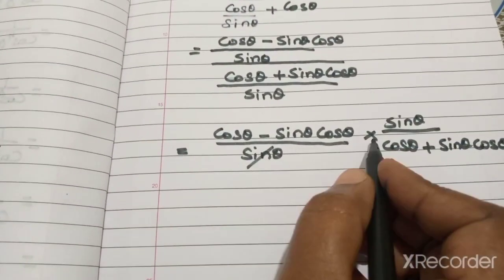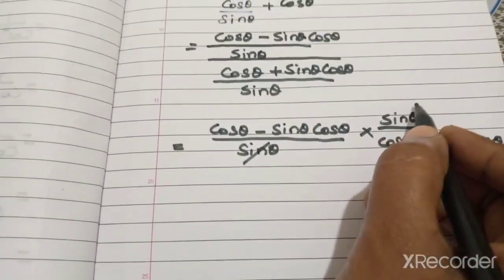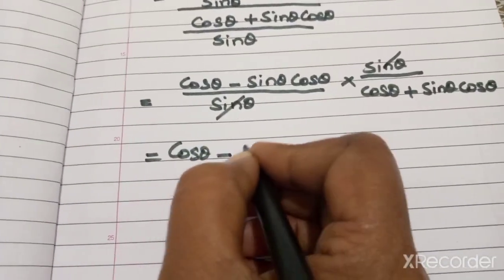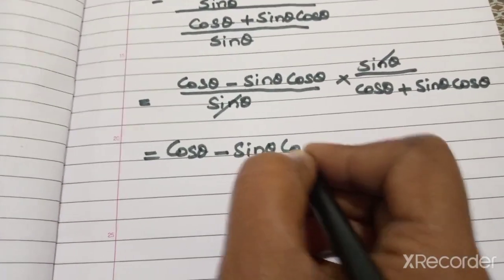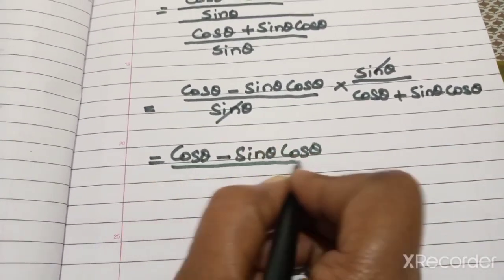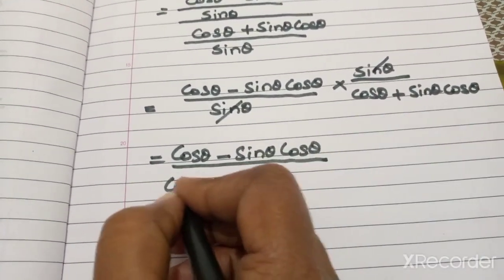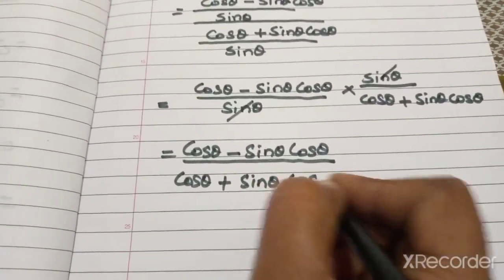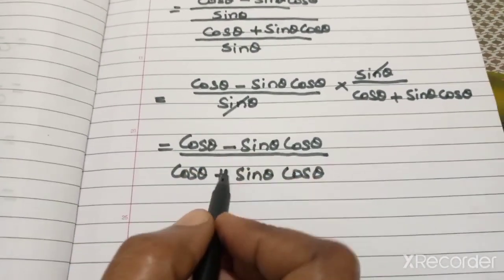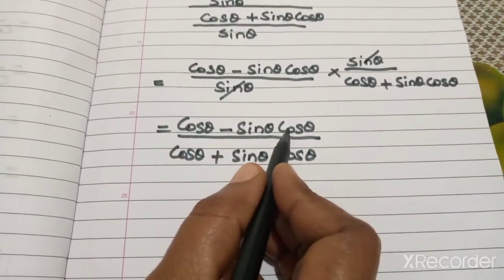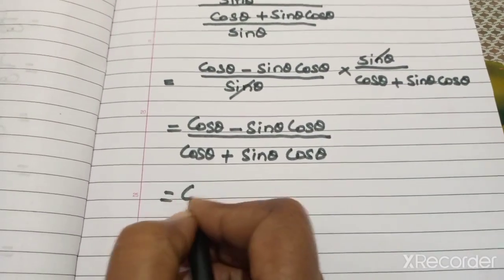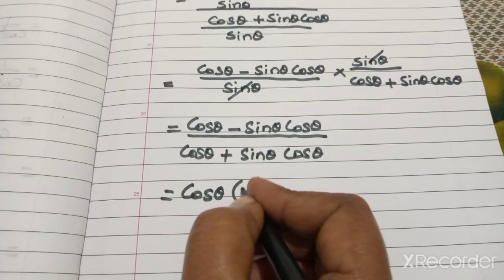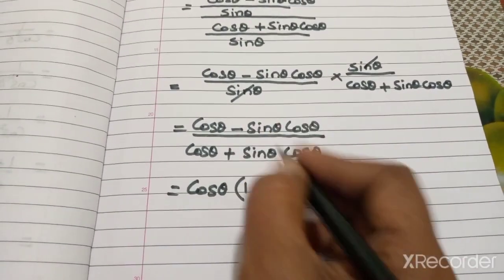Now this sin theta in the multiplication can be cancelled. Sin theta cancels, remaining: cos theta minus sin theta cos theta divided by cos theta plus sin theta cos theta. What can we do? The common term, let us take outside. Cos theta is there, take it out: cos theta into 1 minus sin theta.